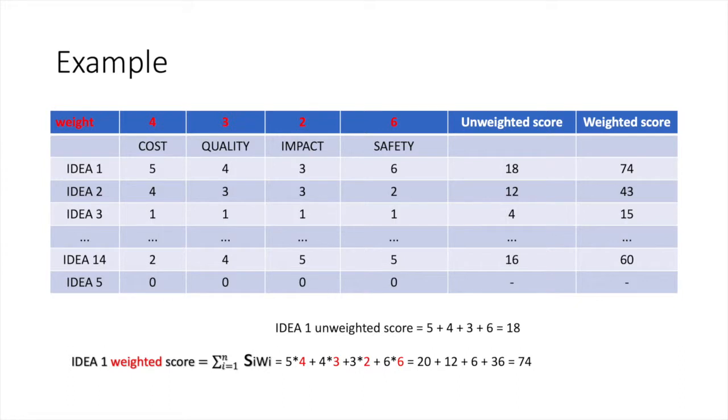We have given scores to each of these ideas, and we find an unweighted score by summing up the scores for each idea, or the weighted score using the formula that we find here at the bottom of this slide. Very easily, the score times the weight of the criterion plus the second score times the weight of the second criteria, etc. So eventually we have a list of ideas with a list of weighted scores, one for each idea.